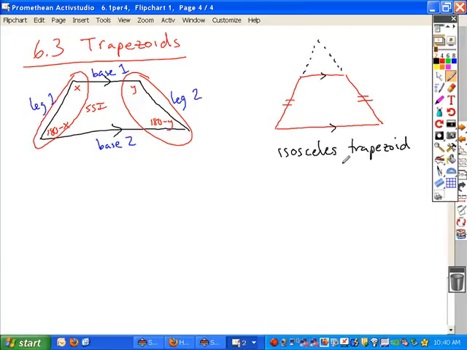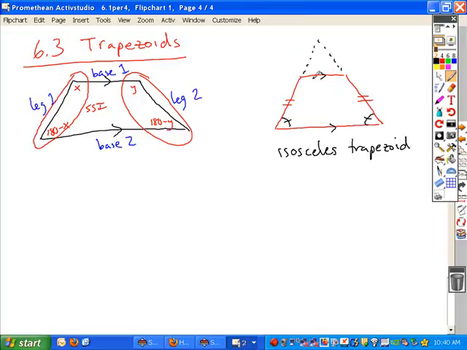Now, because this is isosceles, what would you expect for the base angles that are on the shared base, or on the same base? What's the relationship between those angles? They're equal. So in an isosceles trapezoid, this pair of base angles is equal. And this pair of angles from consecutive bases, or the opposite bases, are still supplementary.